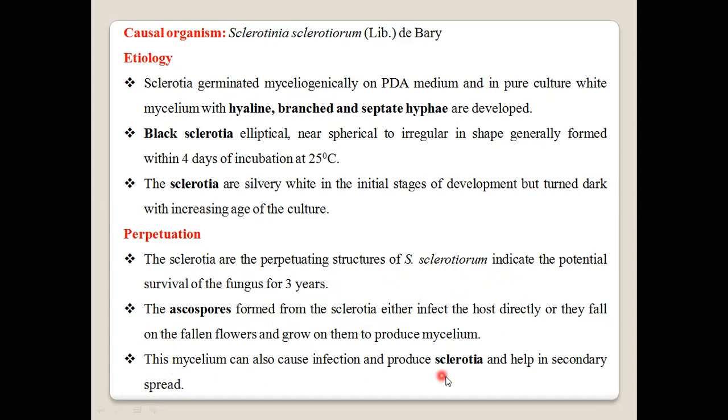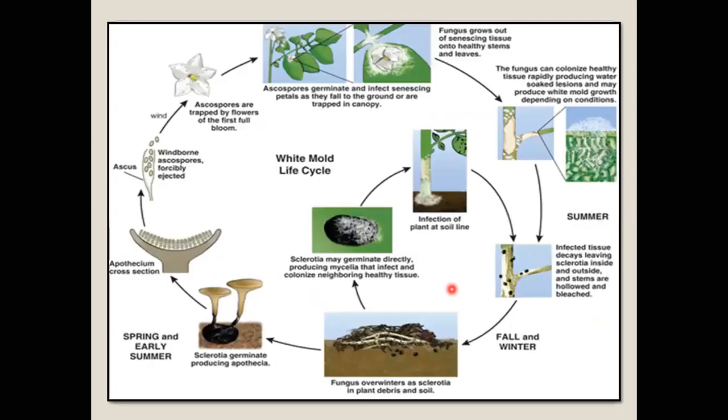The sclerotia already developed outside or inside the stem and root surface, and these sclerotia and whitish mats spread from one place to another through irrigation water or moisture present on the surface of the stems and roots. So this is the disease cycle of Sclerotinia sclerotiorum.